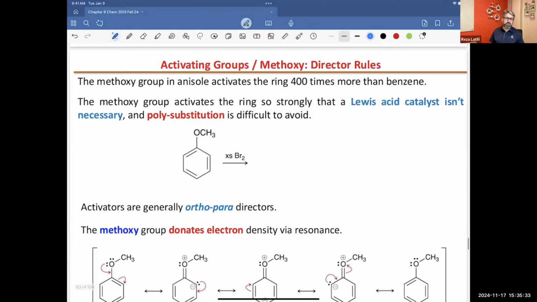Okay, now if you replace a weak activator like CH3 by OCH3, because oxygen has 2 lone pairs, that's going to be a strong activator.